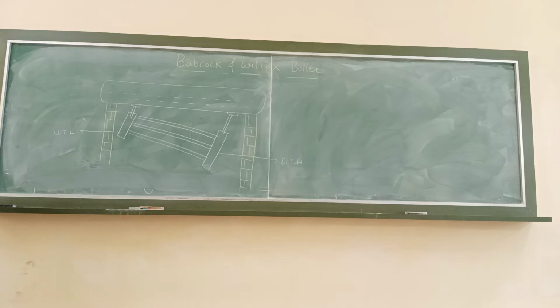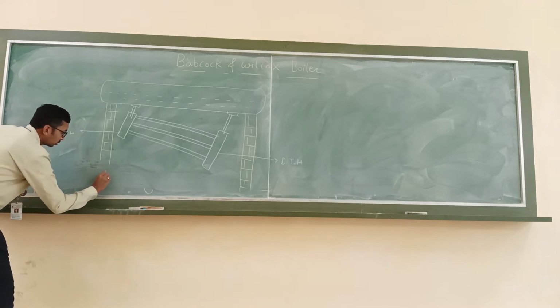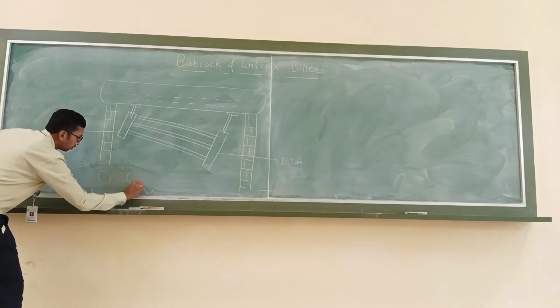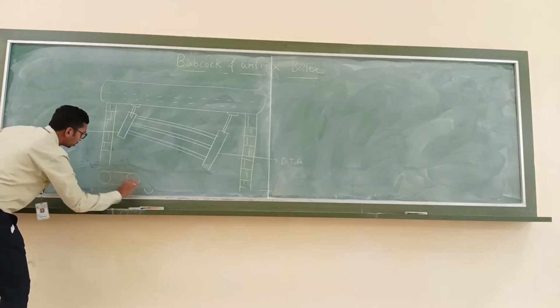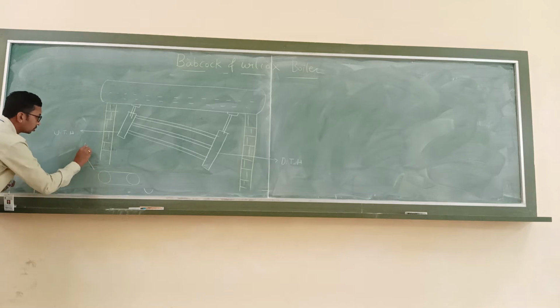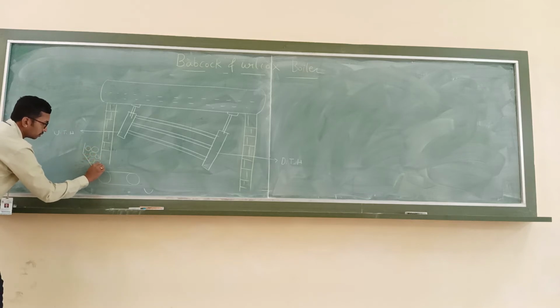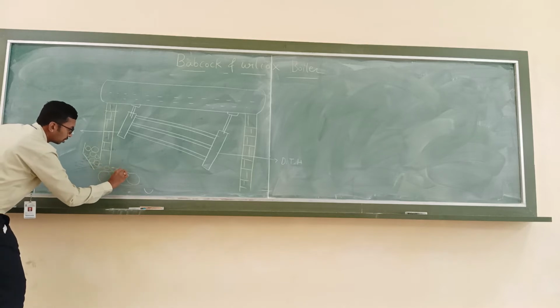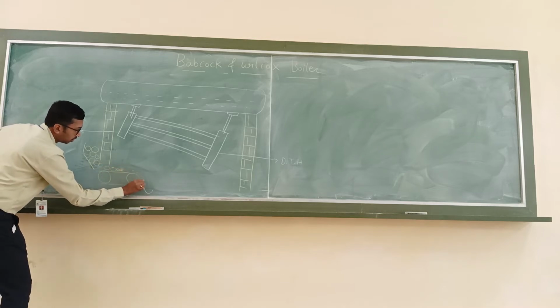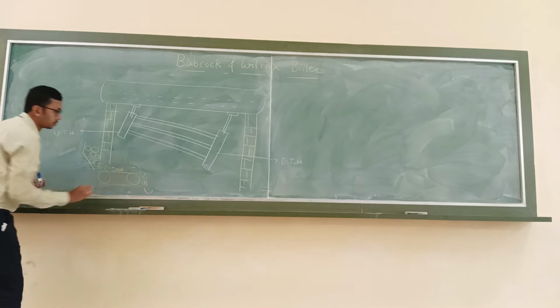Clear? So now I need to generate the hot gases, right? So I need to mount the furnace. This is the furnace where the combustion of fuel is going to take place. This is the coal I am going to take. Here combustion takes place, and after combustion what you are going to get?